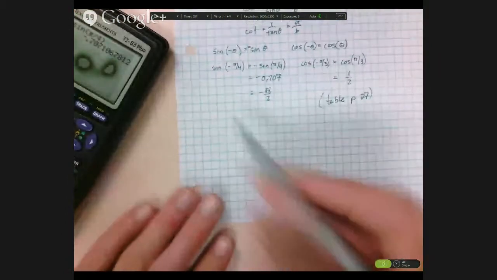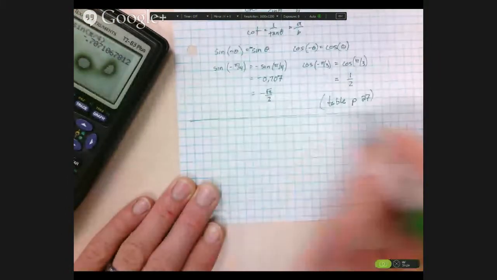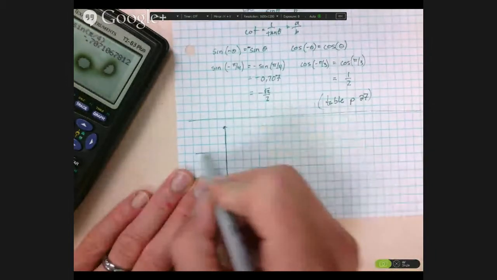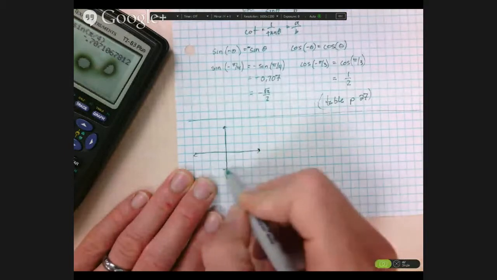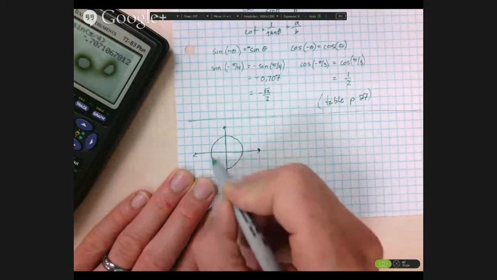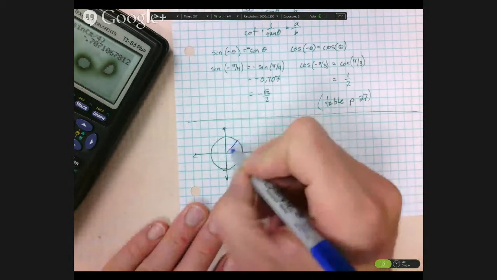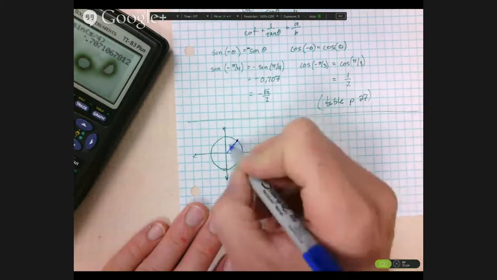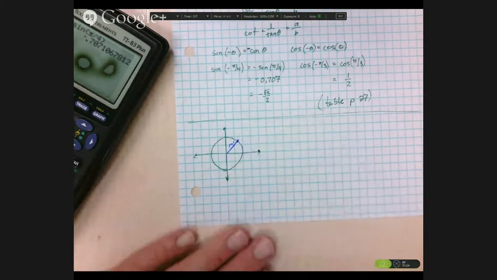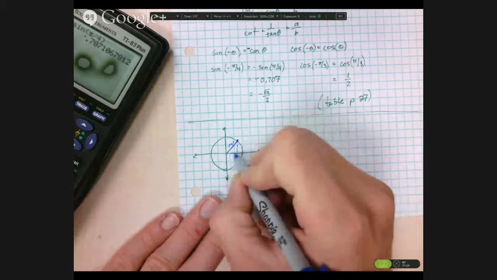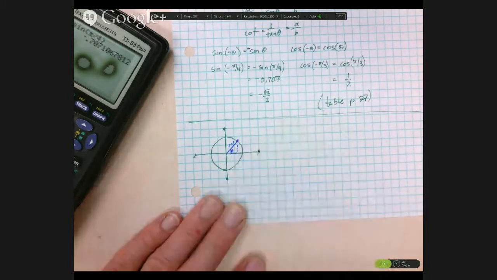Back to the unit circle. You're going to learn this is important. Surely you already have from trig, but if you have a unit circle, radius 1, you can form a right triangle, angle theta.